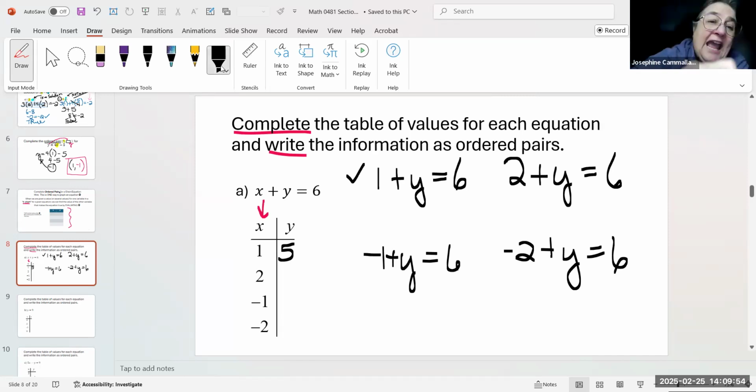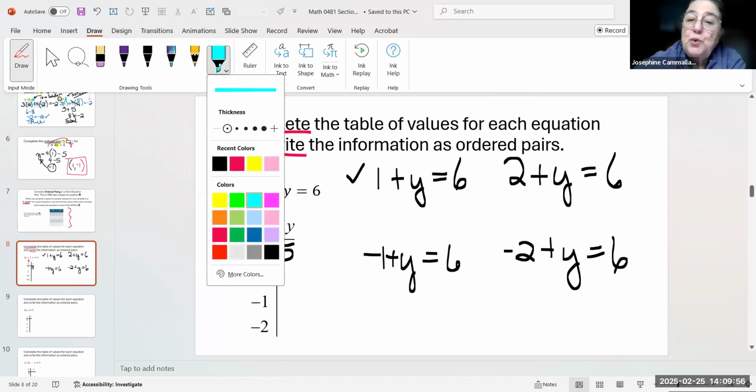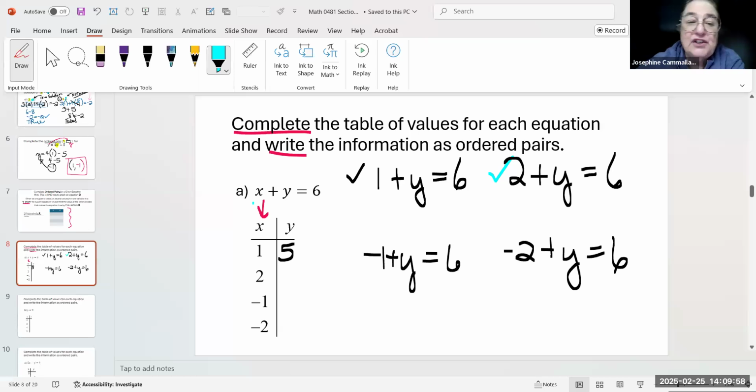If I look at 2 plus y equals 6, I know that my y value must be 4. If I take -1 plus y equals 6, I know that y has got to be a positive 7 because I'm adding to both sides.